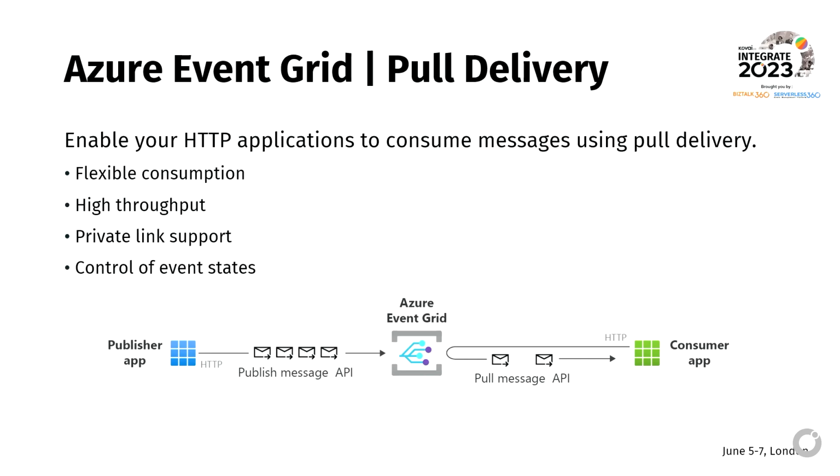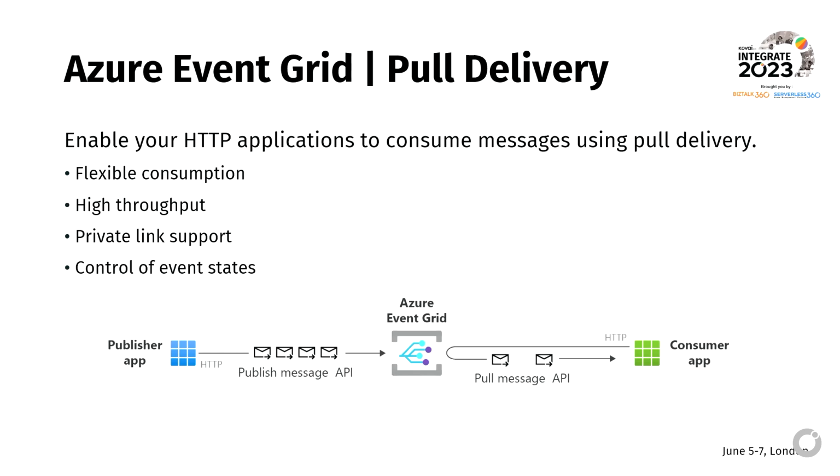So for example, if you have here a scenario where you have messages flowing into Event Grid at a very high rate, and there are spikes in your message rate, you can now have your subscribers pace themselves in their message consumption and pull their messages in the pace that matches their capabilities.